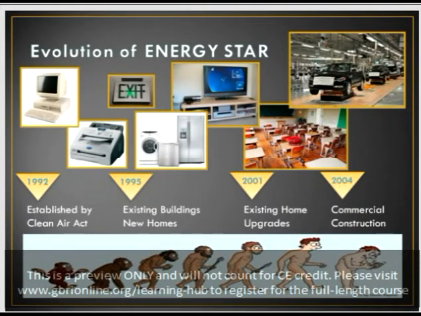And the initial one was developed in 2003, and that was for the automotive manufacturing industrial plants, which is shown in the top right corner there. So that's, in a nutshell, the development of Energy Star, and I will talk about a lot of these in further detail throughout the presentation.